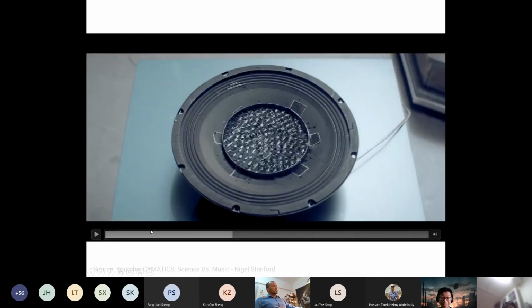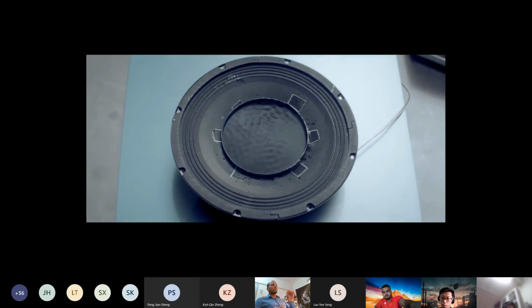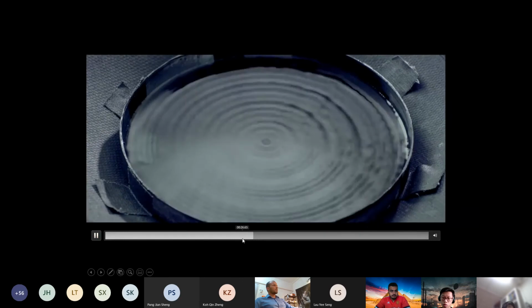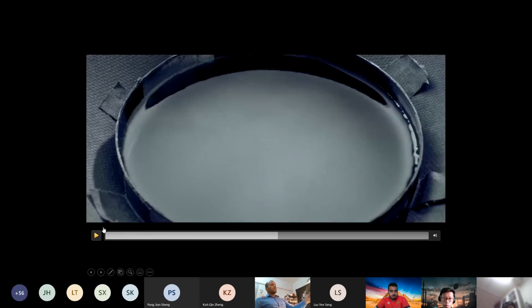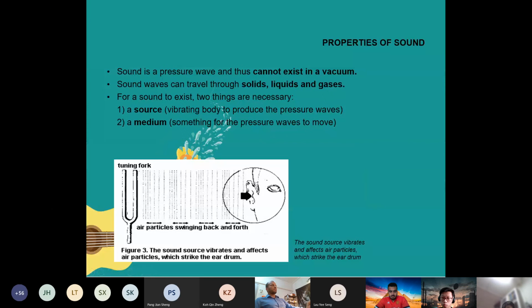Like here, for example, they are producing a specific sound with a specific frequency to create certain kinds of waves based on the frequency of the sound. And sometimes, like here, they combine different waves. If you can see here, you see this wave moving sometimes. So in this experiment, they were able to make sound visible somehow.